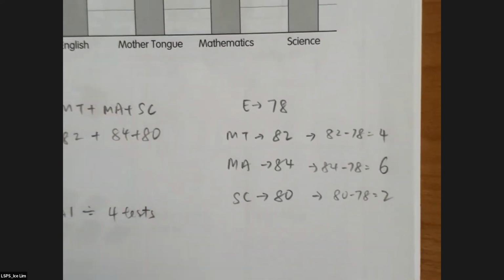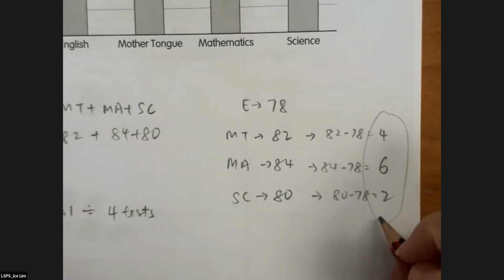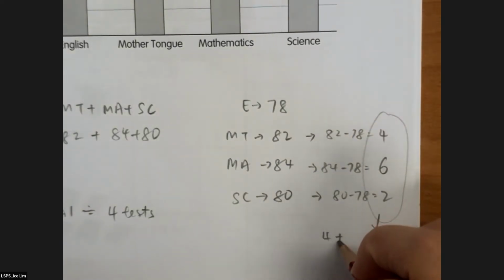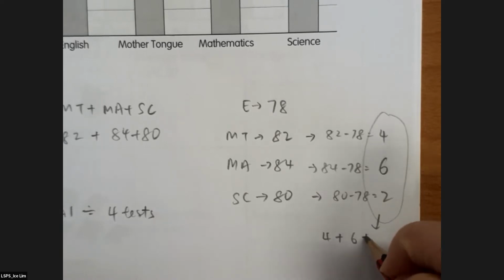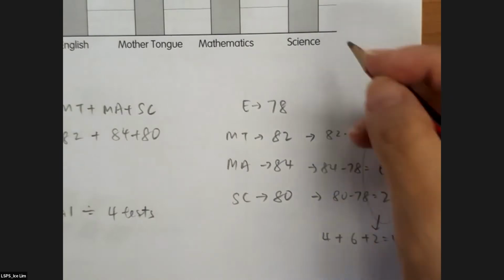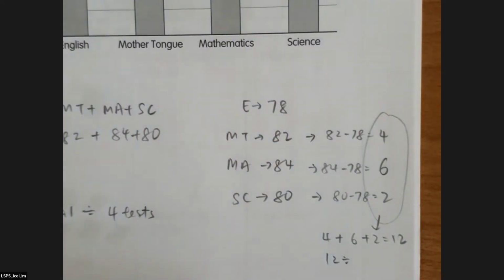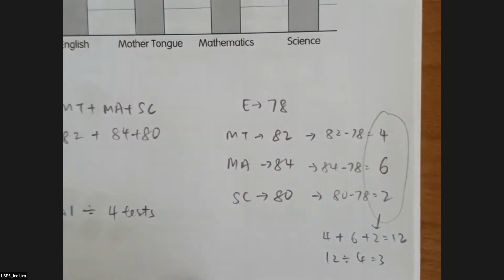So what it meant was that I take all this extra, add and share. I have 4 plus 6 plus 2, that's 12. Then I share amongst the 4 subjects, so it's 3.